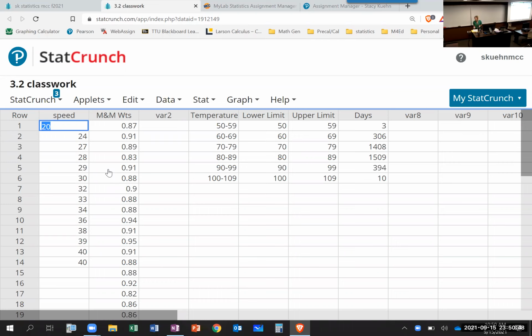We will not be using StatCrunch for the quiz. I'm just going to give you information and you'll be interpreting the graphs that I'm already giving you. We're covering just chapter 2, which is 2.1, 2.2, 2.3, roughly.